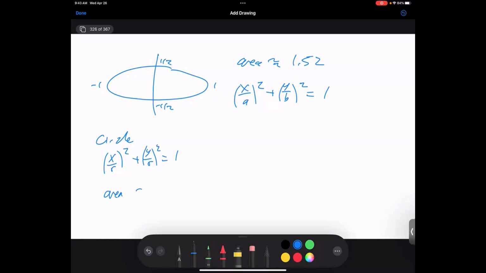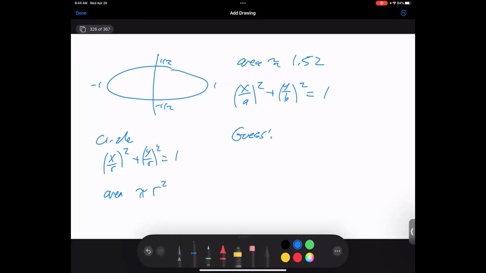The area is pi r squared. What might you guess the area of an ellipse is? The area of the ellipse has to reduce to the area of a circle when a equals b equals r.